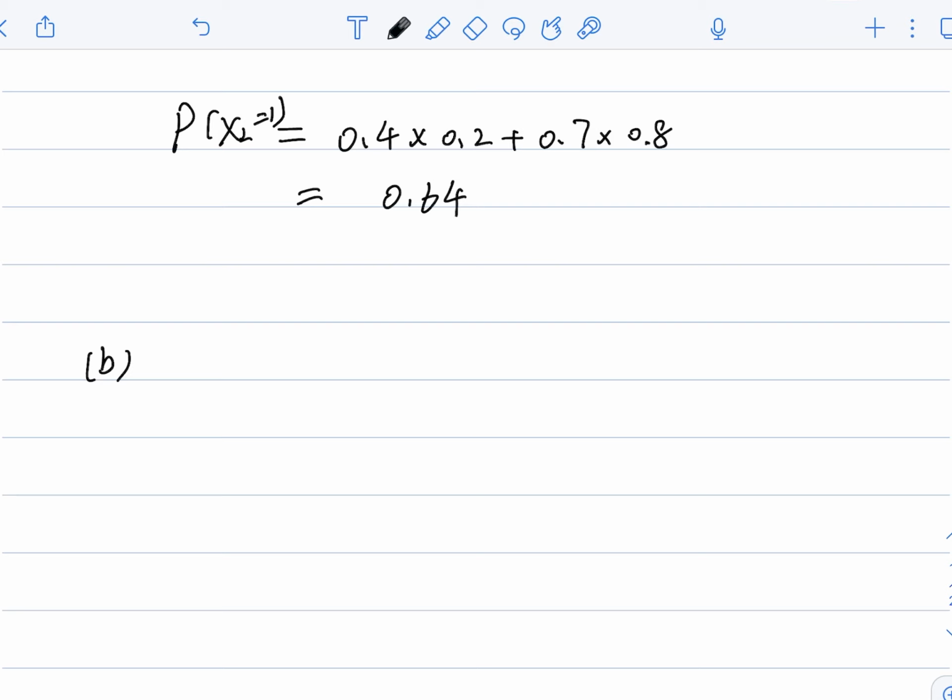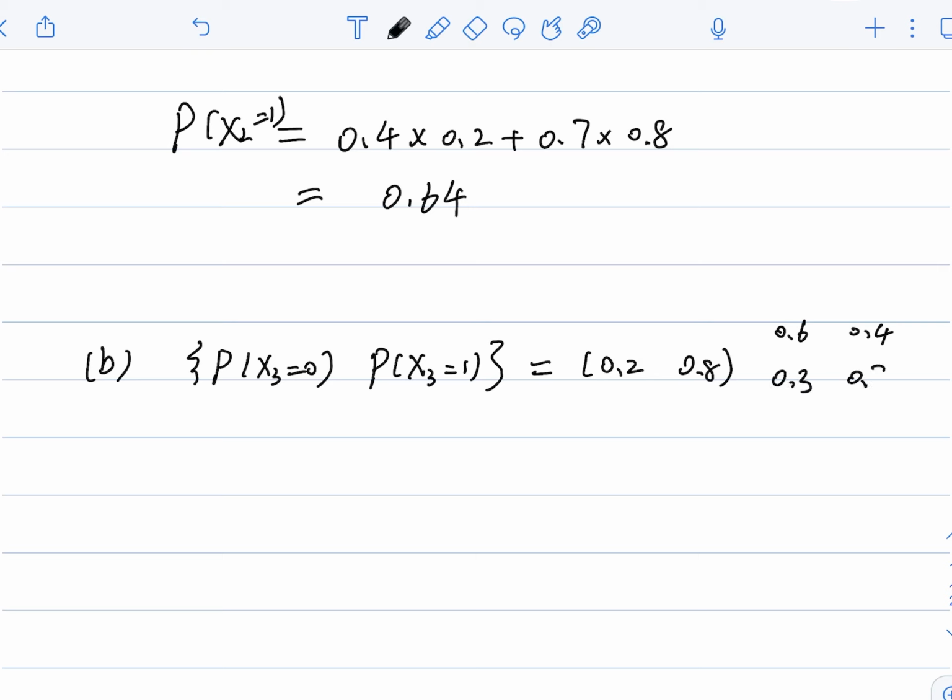We can calculate by matrix, which is equal to the first 2 pair is the probability for x1.